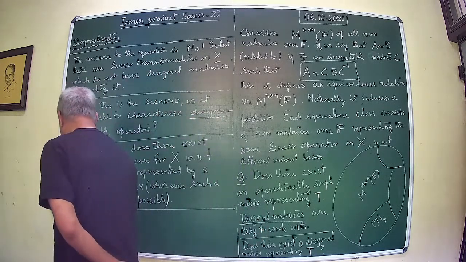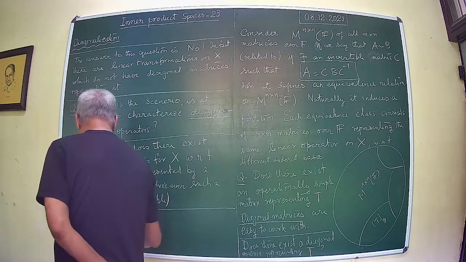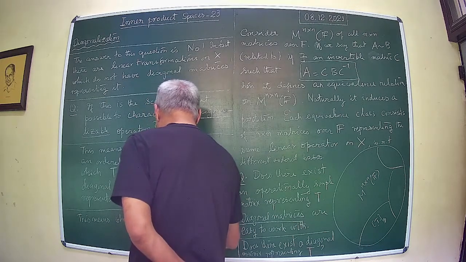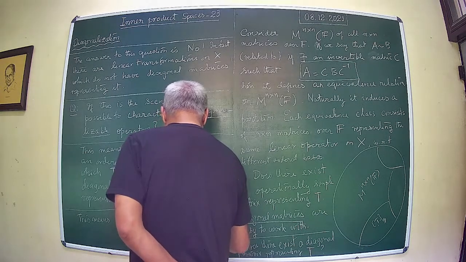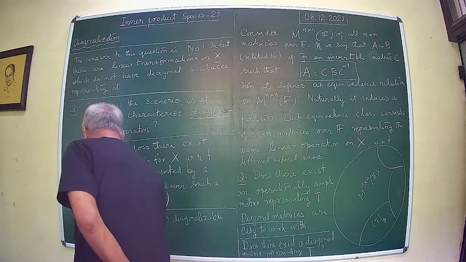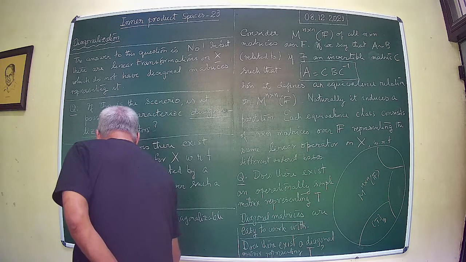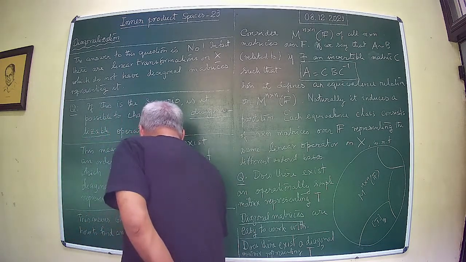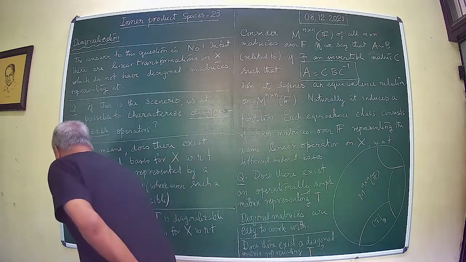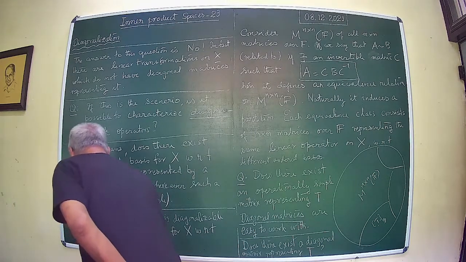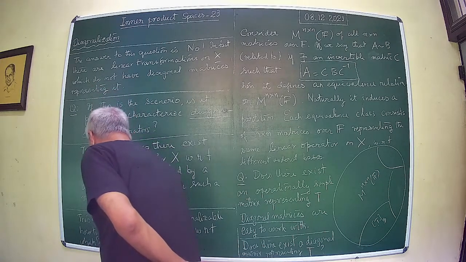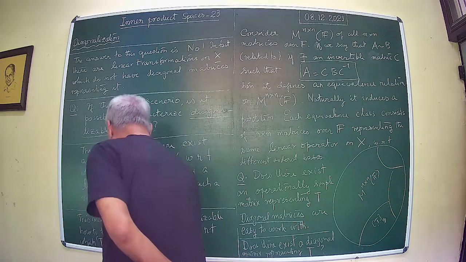This means whenever T is diagonalizable, how to find an ordered basis for X with respect to which the matrix of T is diagonal.